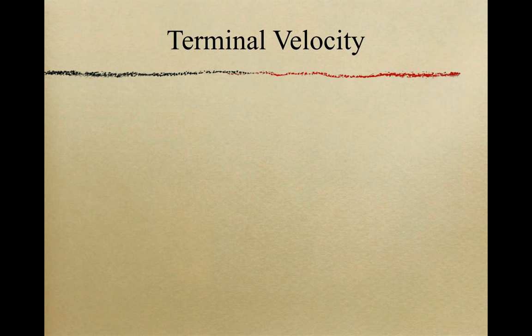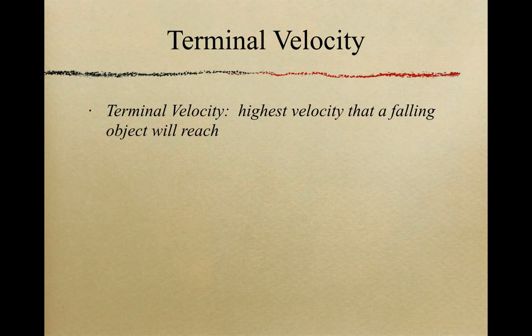One last concept that we need to talk about today is terminal velocity. Terminal velocity is the highest velocity that a falling object will reach. How do we get to terminal velocity? At the highest speed, it stops accelerating. The force of air resistance increases with speed.